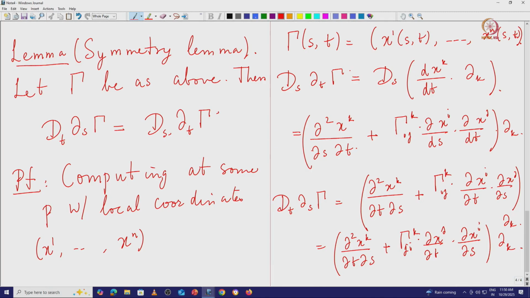Right, but now you notice that this thing is equal to this thing because our connection is symmetric, right. Because our connection is torsion free, the Christoffel symbols have this symmetry. So, these two expressions are basically equal, and that proves the symmetry lemma.